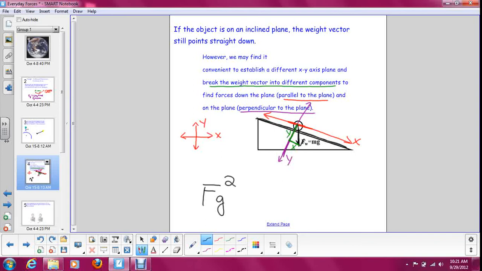So we have c squared is equal to a squared plus b squared. We take the y component of the force vector and the x component of the force vector. The y component is right here, and the x component is right here. And we add the squares of those to get the square of the force of gravity.